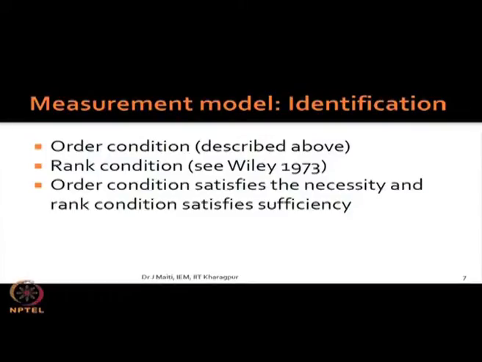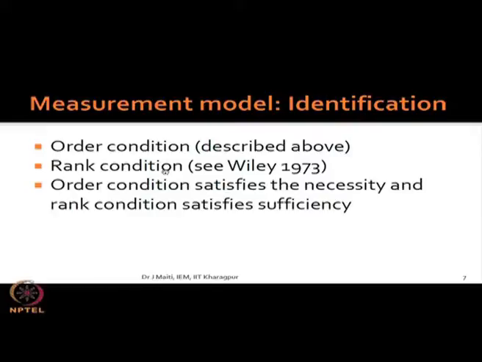There is another condition called the rank condition, because you will see that we are basically talking about matrices. The rank of a matrix is an important issue here, and it is a little bit complicated also. So, the rank condition you also have to satisfy in parallel, and the rank condition is the sufficient condition, as given for example in Wiley 1973, that is the reference.